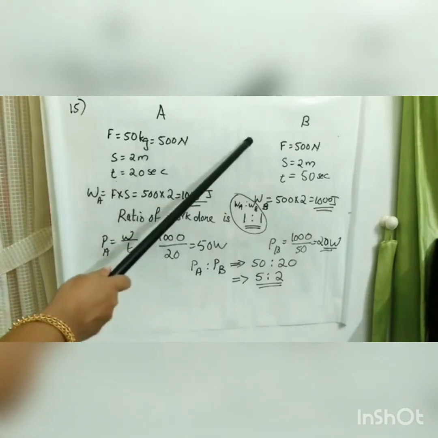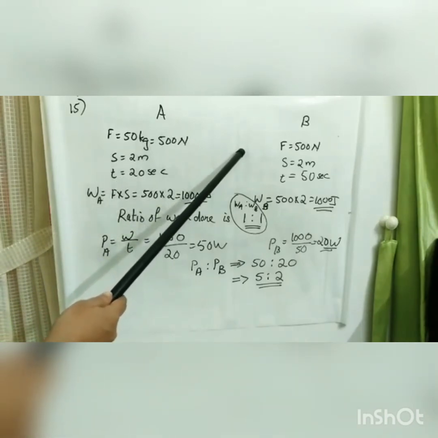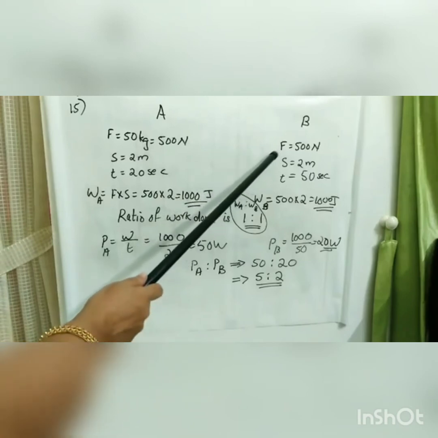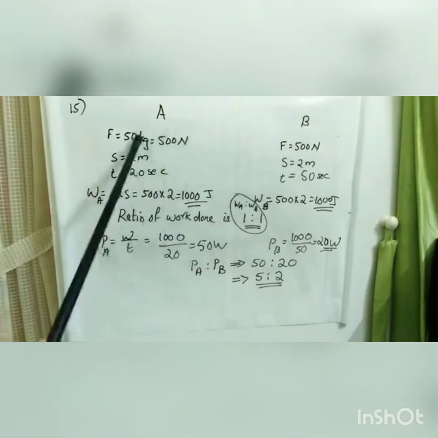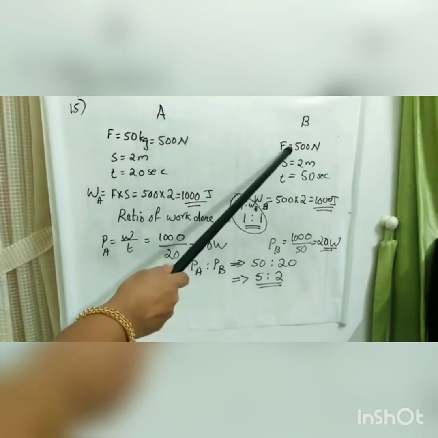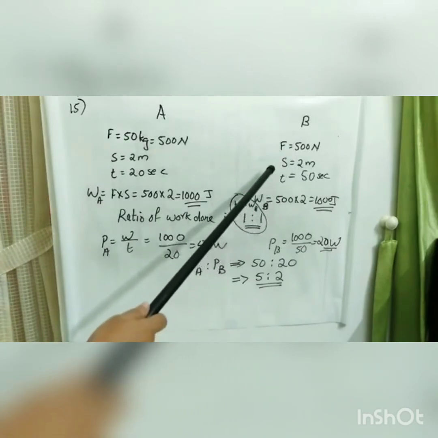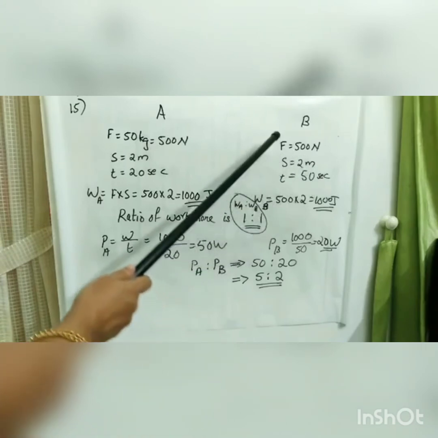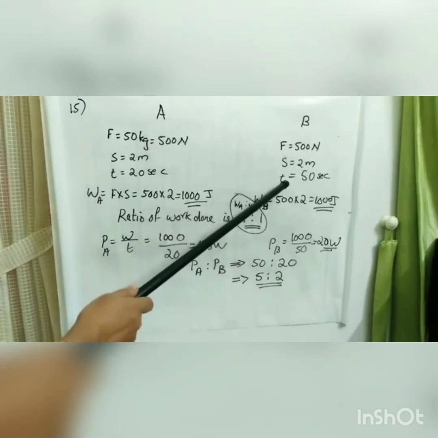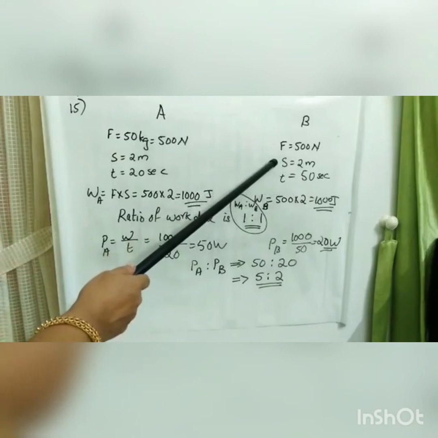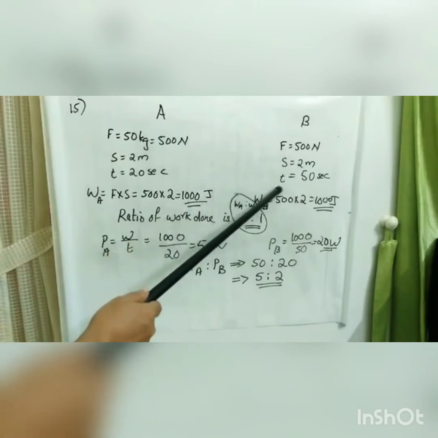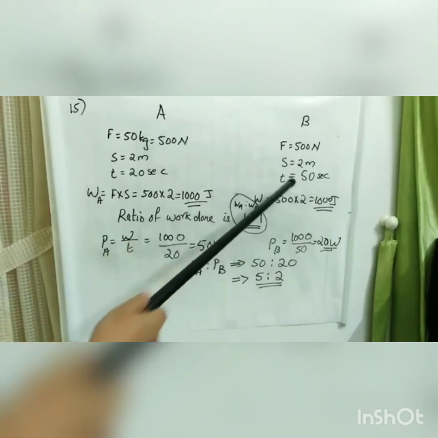While another man B raises the same box, same box means force will be 500, to the same height, that is 2 meter, in 50 seconds.